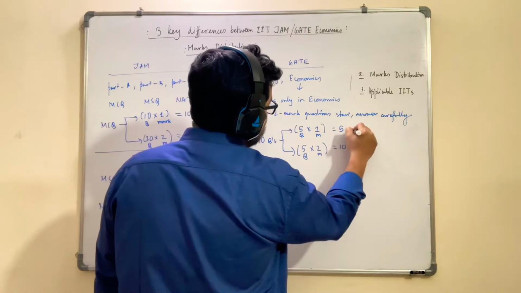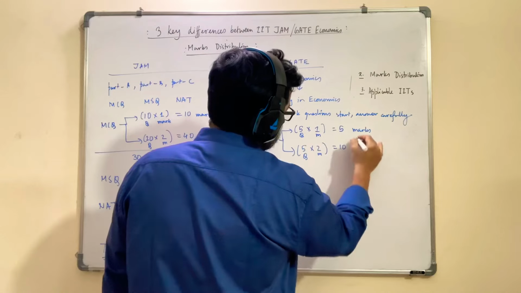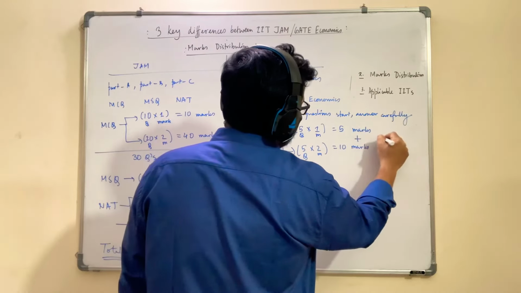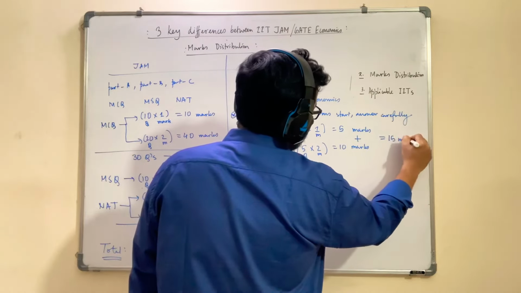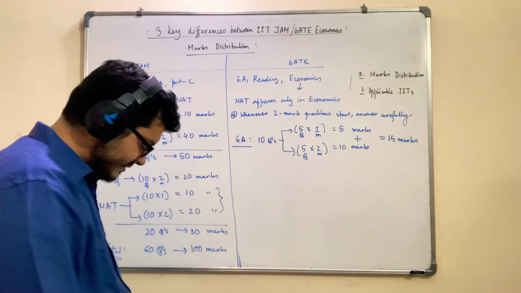So that is 10 marks. So if you add them up, it gives the 15 marks that you have in GA.